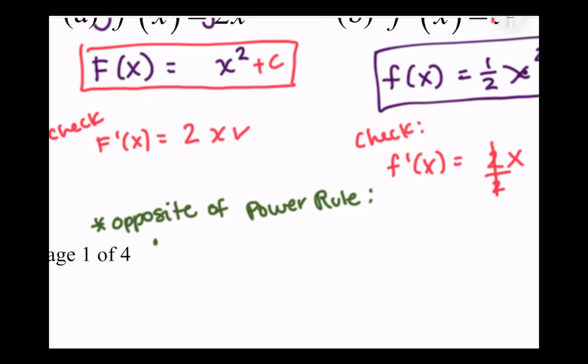Okay? And so the power rule for derivatives, like we did here, means that we bring down the exponent and change the exponent to 1. We need to do the inverse steps of that. So instead of multiplying by the exponent and subtracting 1, we're going to start by adding 1 to the exponent.